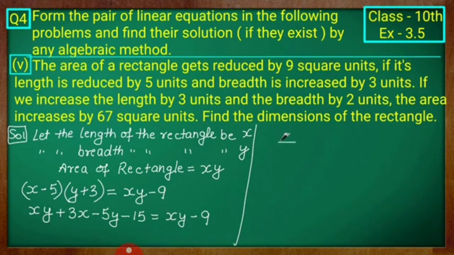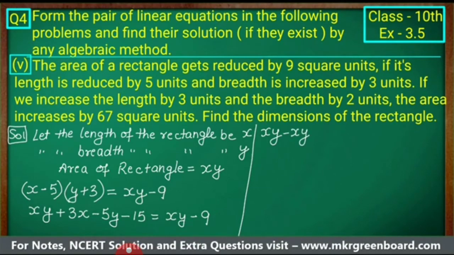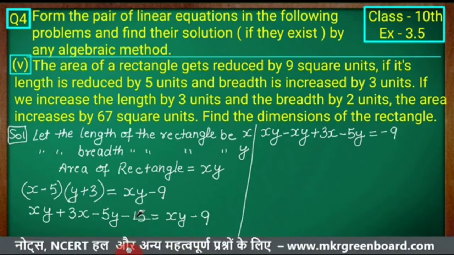Now from both sides we can see xy. Transposing this xy from the right side to the left side, it will be minus xy. Plus 3x as such, minus 5y as such, and transpose this minus 15 to the other side, so the minus sign will change to plus 15.